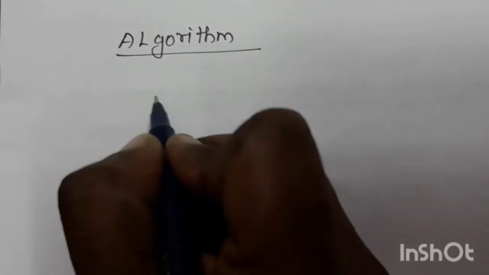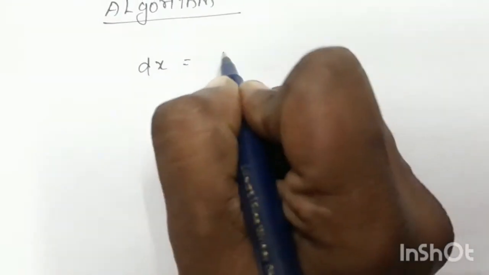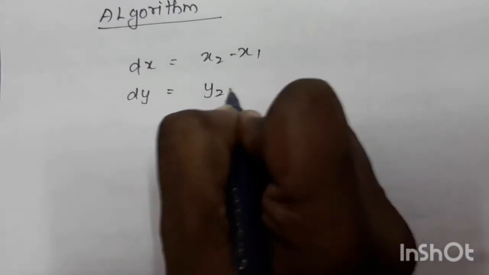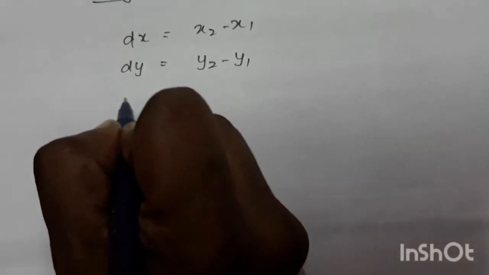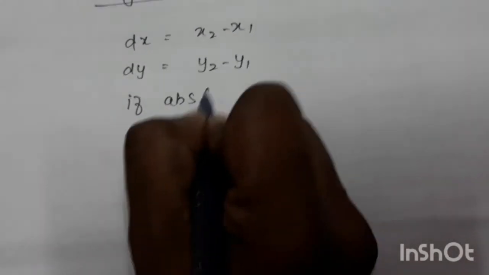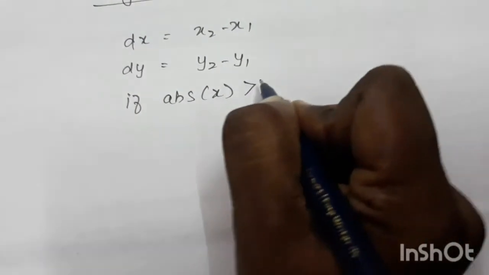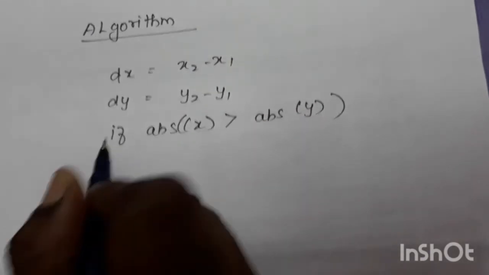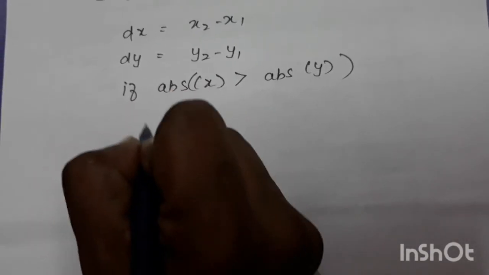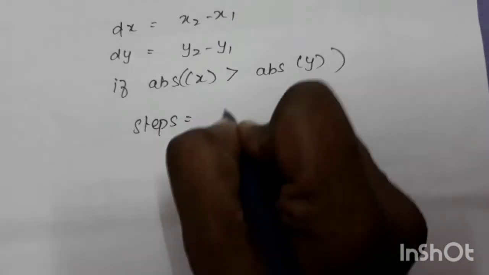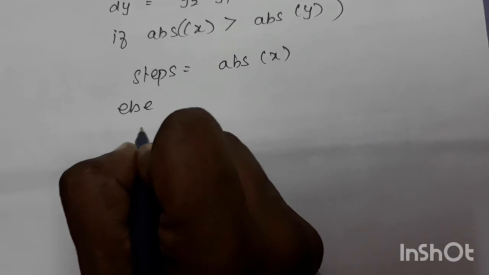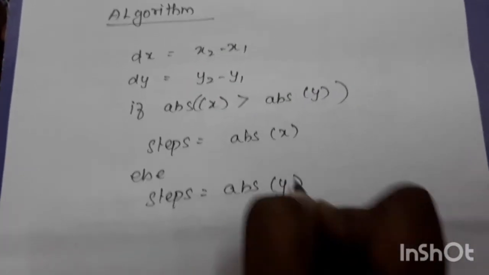First find out dx, that is x2 minus x1, and dy is equal to y2 minus y1. The condition is: if absolute of dx is greater than absolute of dy, steps is equal to absolute of dx, else steps is equal to absolute of dy.